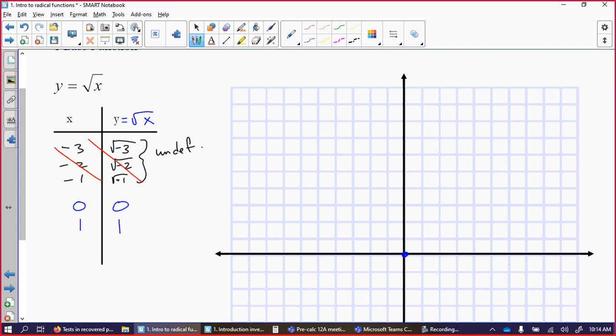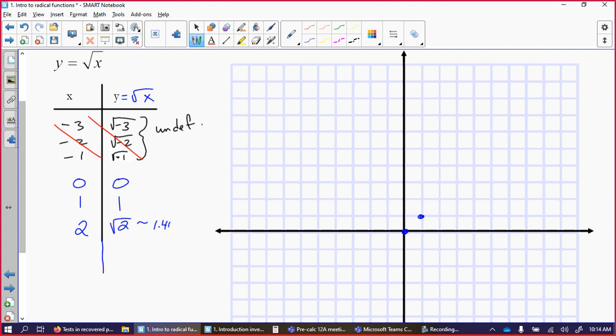Well, that's easy. 1. Okay, cool. 2. Oh dear. The square root of 2. Can we plot that? That's approximately 1.41, and so on. I'm not going to try to plot it because it's ugly. I'm going to extend this a little bit. The square root of 3 is, I think, 1.73, give or take.